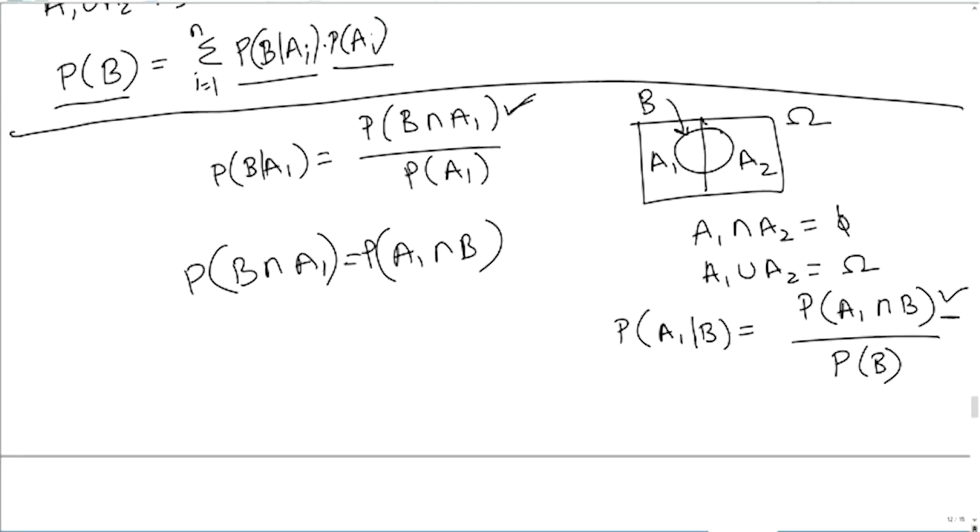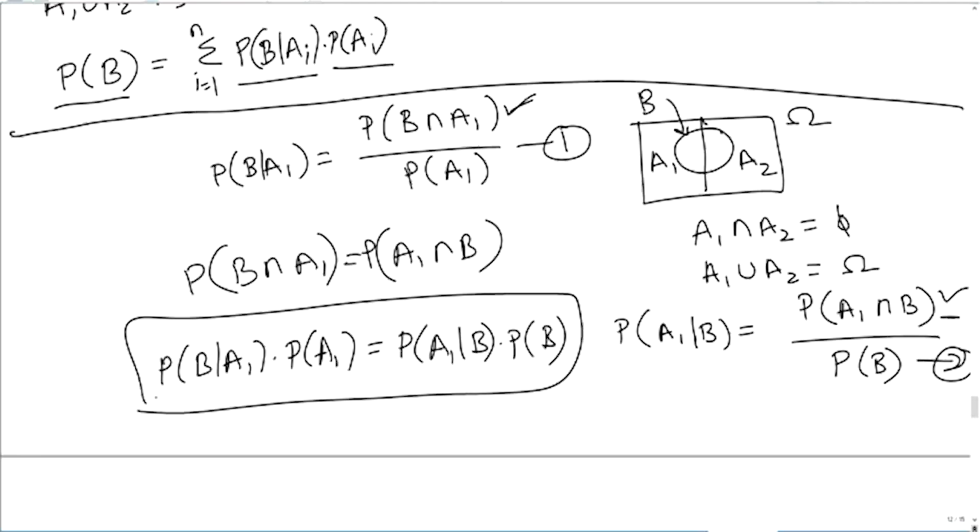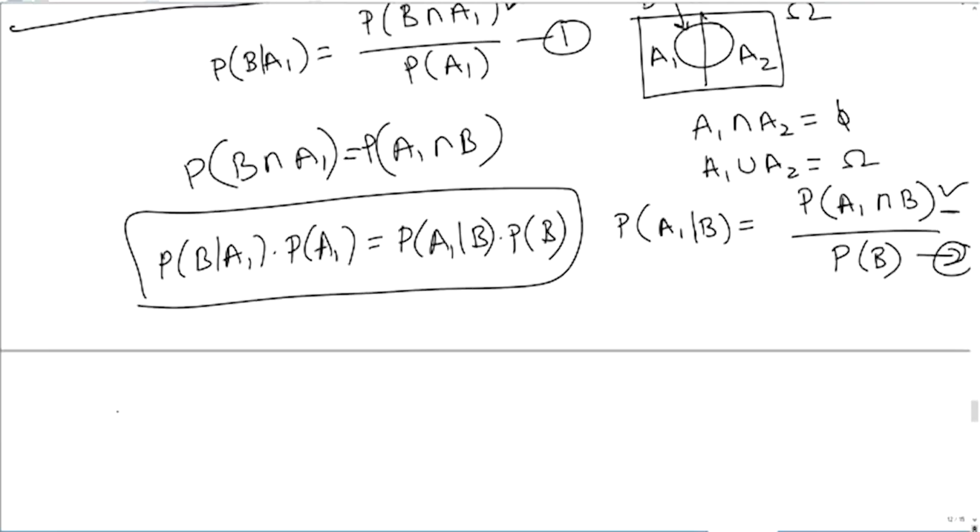What does that imply? Let's say this is equation 1, this is equation 2. What it would imply from equations 1 and 2 is that probability of B given A1 into probability of A1 is equal to probability of A1 given B into probability of B. So this is the result we are getting.